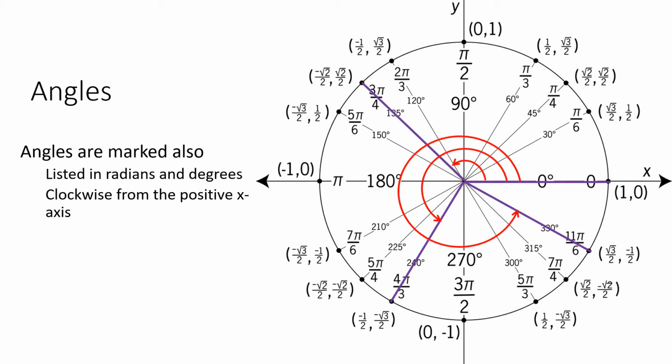There are the angles. There are lines drawn to these special points that we've labeled, and then we also have the angle that these points make with the positive x-axis. You can see a couple of those angles highlighted in purple and with the red arc.